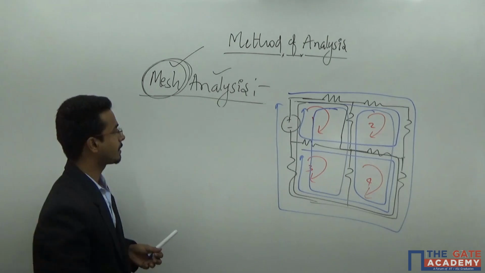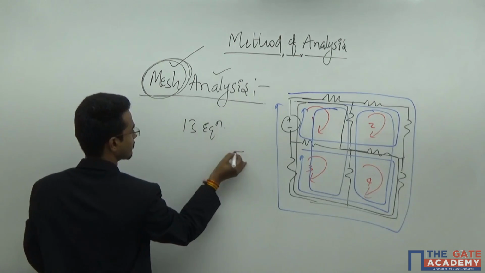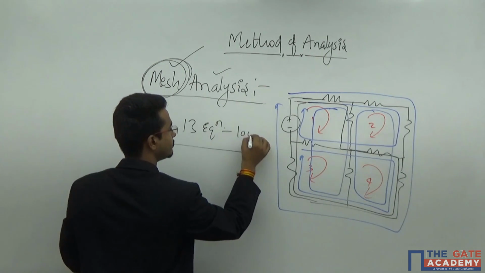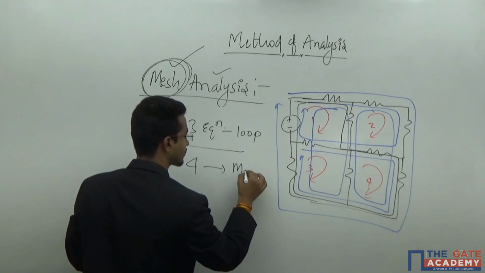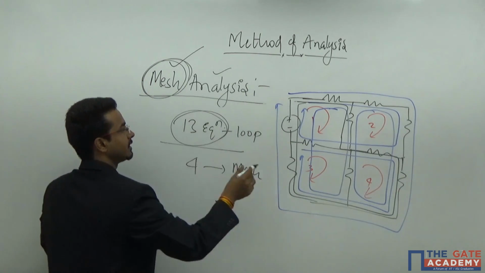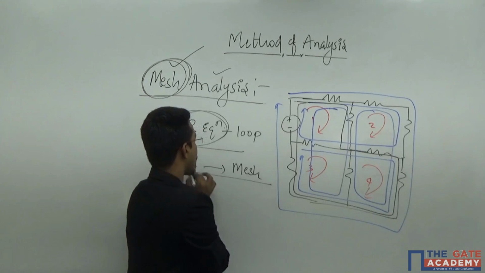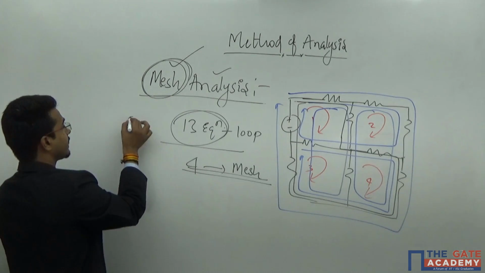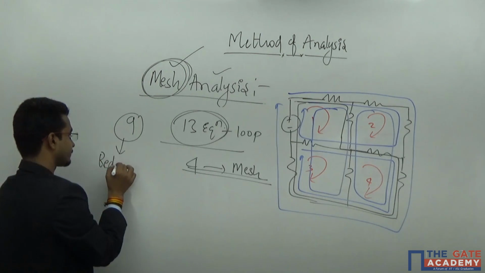That means roughly you are getting 13 equations for the loops and only 4 equations for the meshes. And in these 13 loop equations, you have included these 4 equations already. That means here 9 equations are redundant.